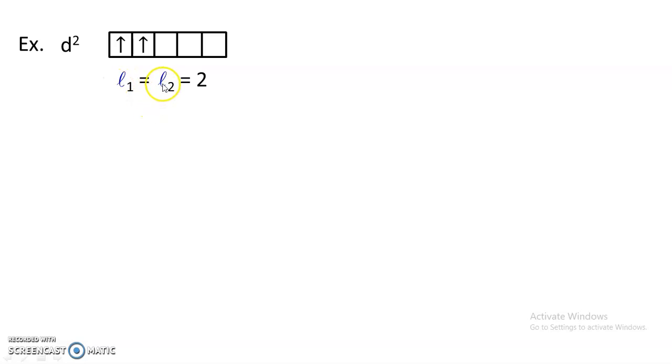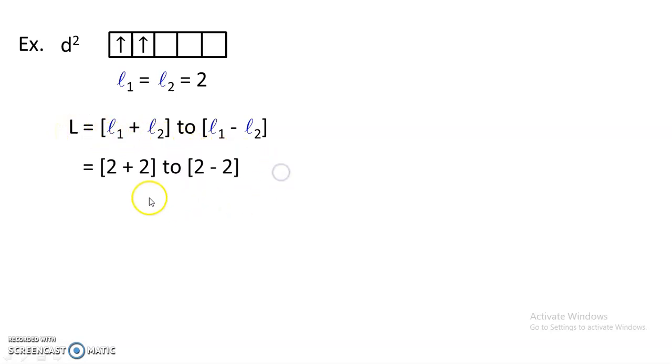So L1 is equal to L2 is equal to 2. Using the formula L is equal to L1 plus L2 to L1 minus L2, we get 2 plus 2 to 2 minus 2. 2 plus 2 is 4, and 2 minus 2 is 0.